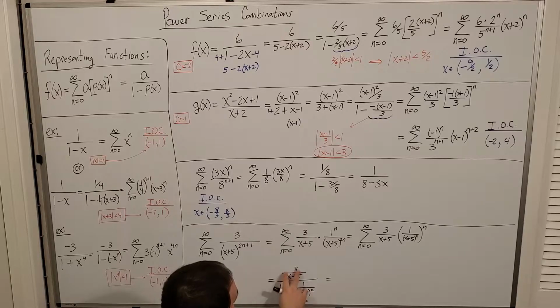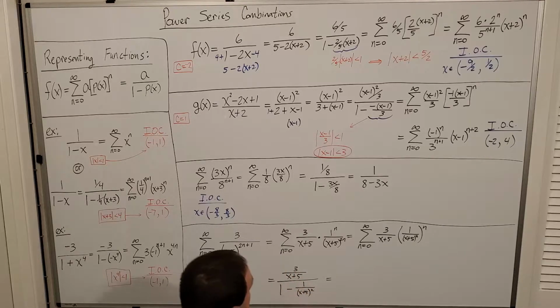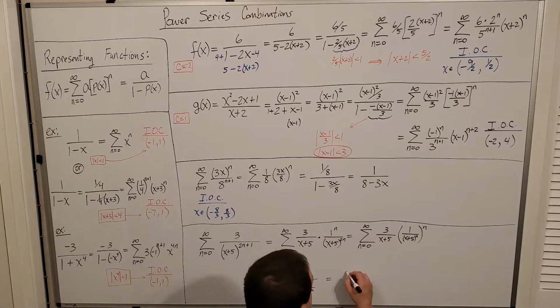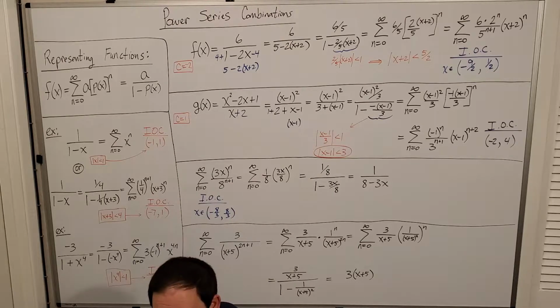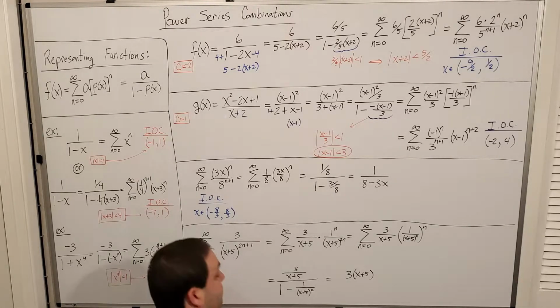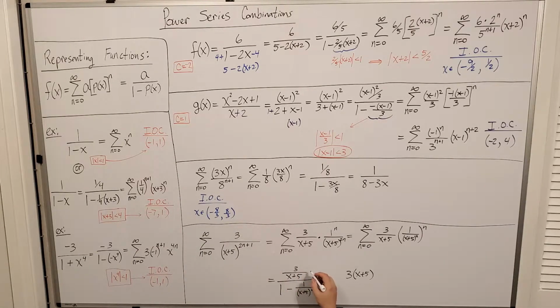Multiply that here, here, and here. Okay? So that's going to give me 3 times x plus 5. And remember that that's because what I'm doing is I'm multiplying x plus 5 squared. So if I multiply x plus 5 squared, right, one of these and one of these is going to reduce. And then I'm going to do the same thing here, x plus 5 squared, and same thing here, x plus 5 squared.